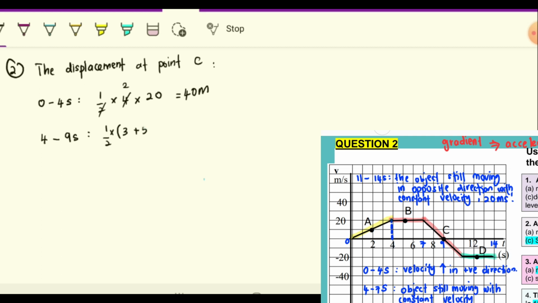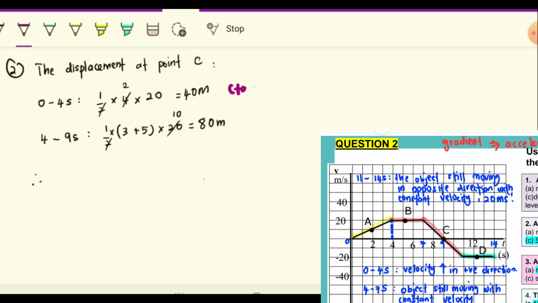Okay, and then times the height is 20. So this should be 80 here.